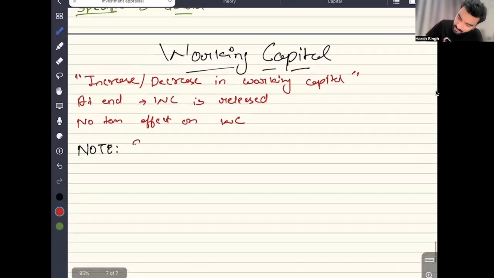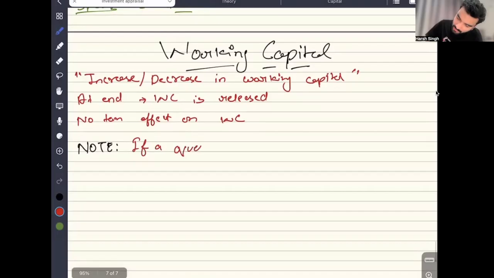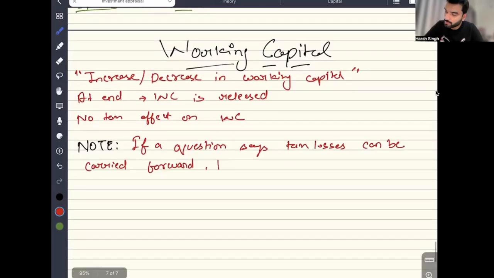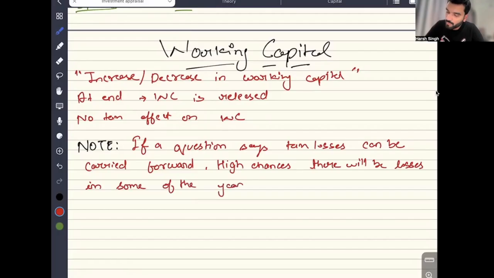So notice, if a question says tax losses can be carried forward, high chances there will be losses in some of the years.